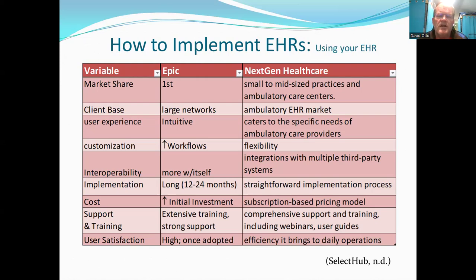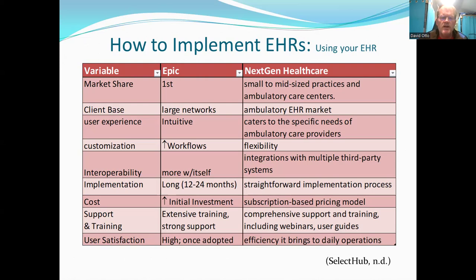Whereas with NextGen, it is a very straightforward implementation process. It says it's for niche ambulatory centers. The cost is again huge with Epic, and the NextGen Healthcare model is a subscription-based pricing model. So that's basically monthly in perpetuity. You don't ever own it; you just always pay for it.